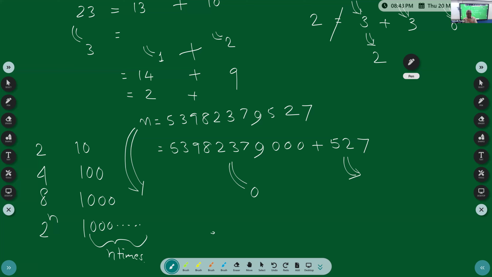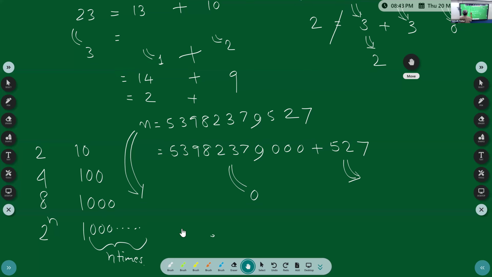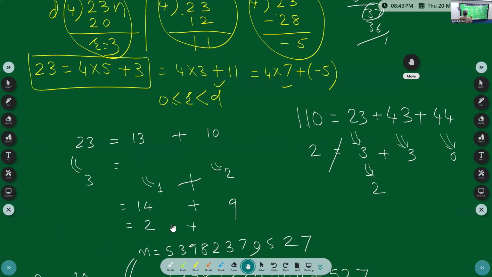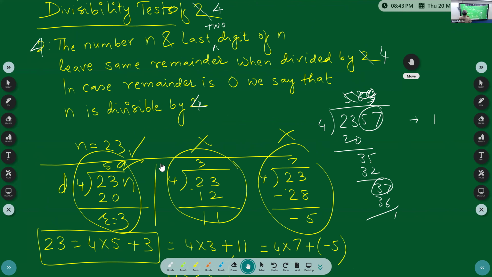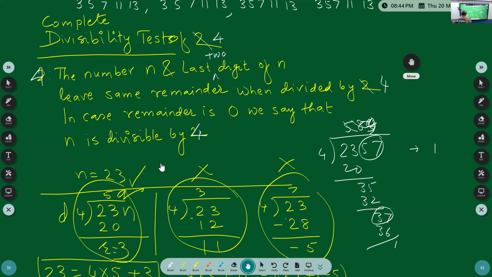Then I have a question for you. We have written this test. I have 2 tests written here for 2 and 4, and maybe I can add a few more, up to 2 raised to n.